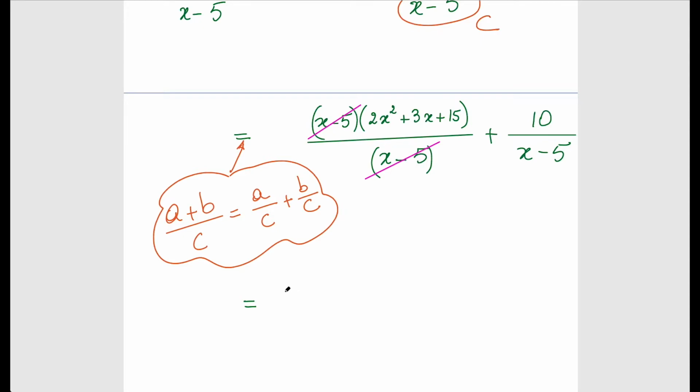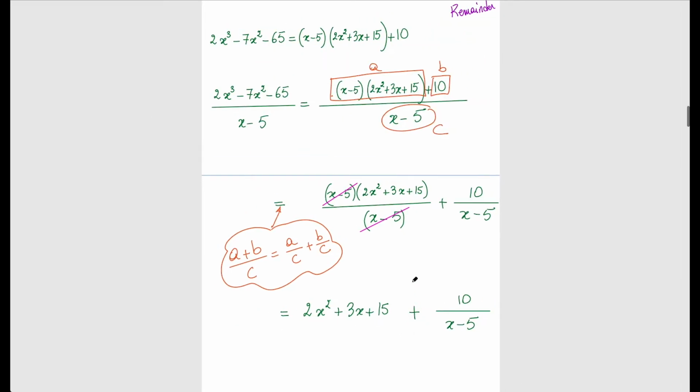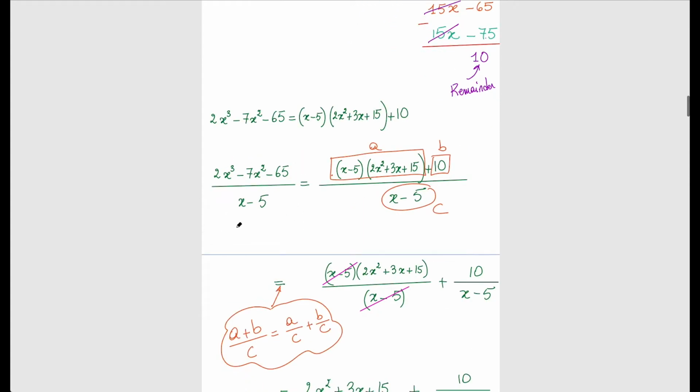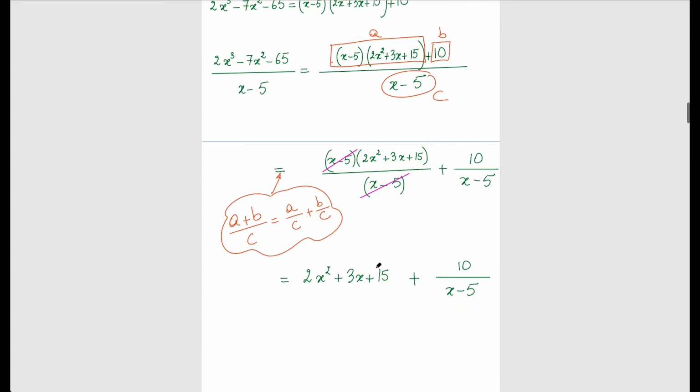So we get 2x squared plus 3x plus 15, that's the whole thing here because those canceled, plus this fraction, 10 over x minus 5. Okay? So this would be the answer to what they wanted. What did they want? They wanted this guy, right? And it's right there. At the end of the day, we managed to write it as follows, as here, right?